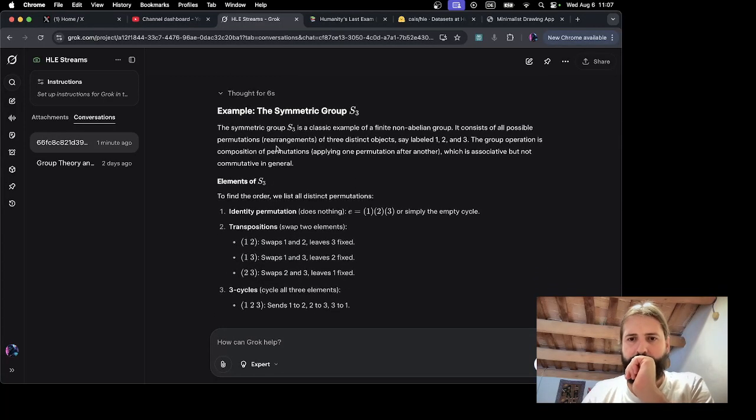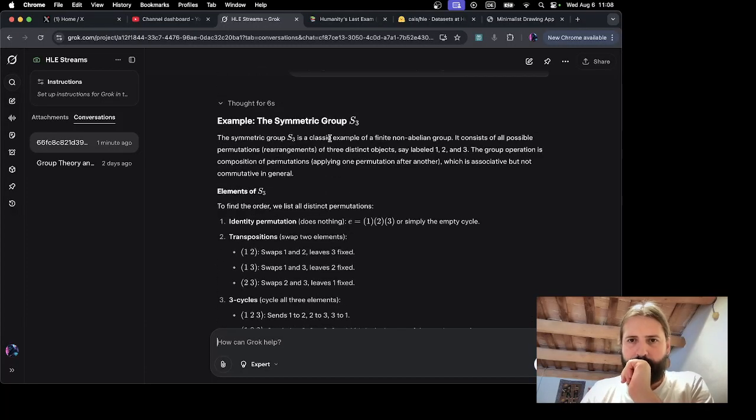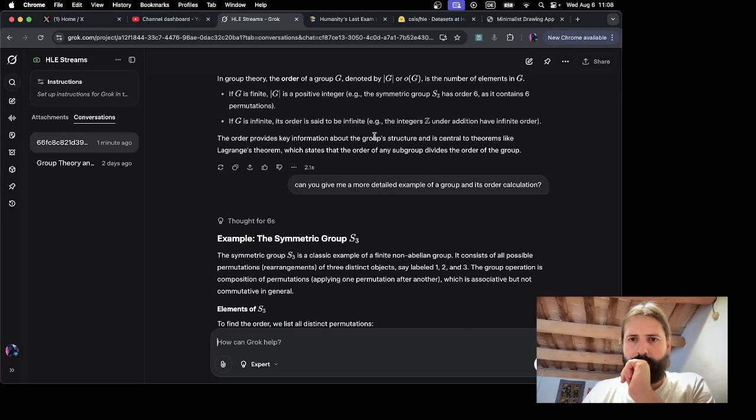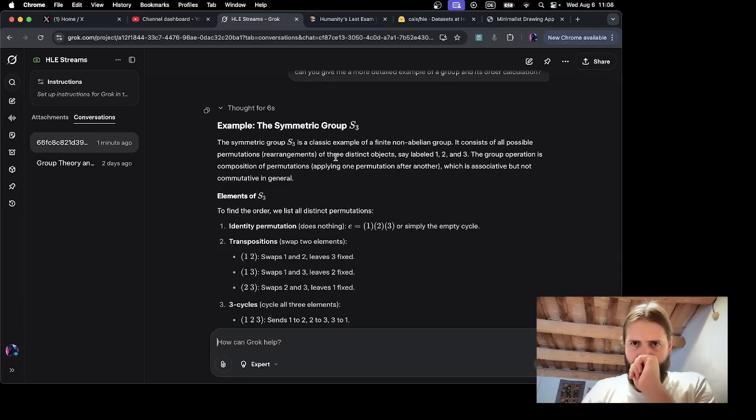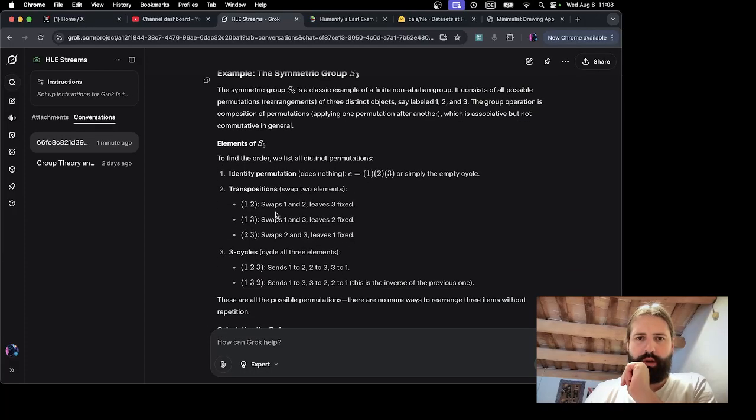Yeah, that's a classic example, a finite non-abelian group. The group operation is composition of permutations, applying one permutation after another, which is associative but not commutative in general.